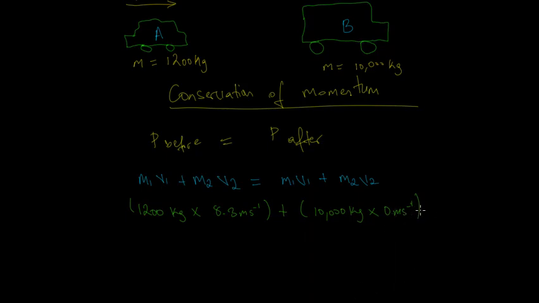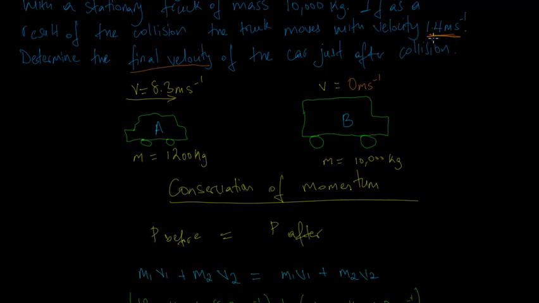That is equal to, I'm going to go down here, 1200 kilograms, which is the mass of the car again, times V1, which is the velocity of the car after collision, plus the mass of the truck, which doesn't change, so we still have 10,000 kilograms multiplied by, and the question said that after the collision the truck moves with a speed of 1.4 meters per second.